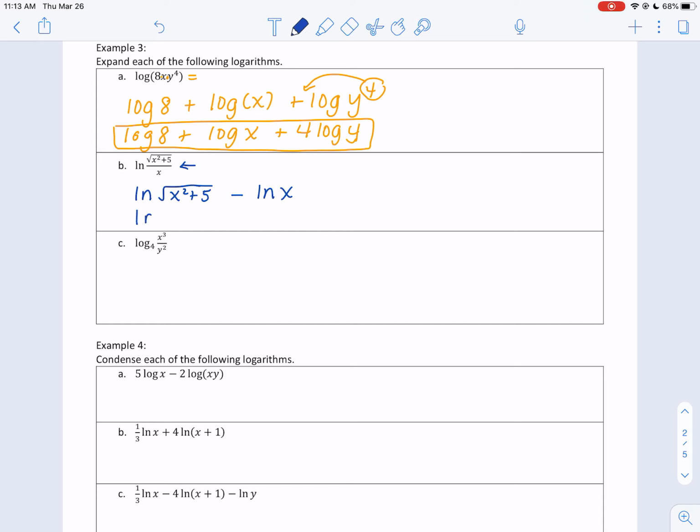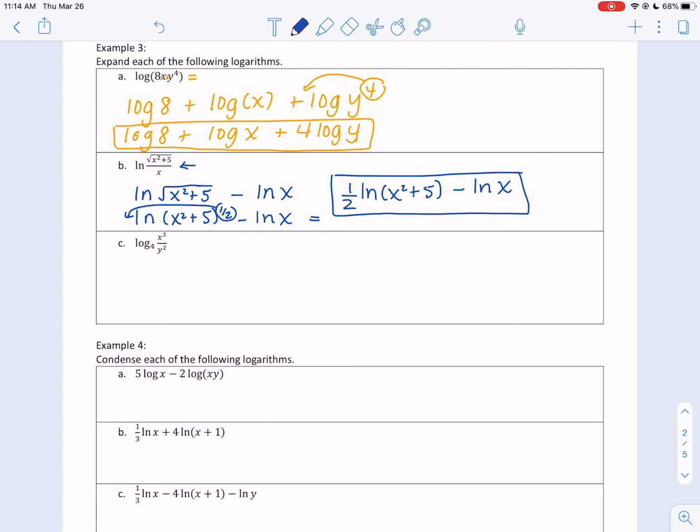Remember, radicals, or square roots specifically, have an exponent of 1/2. We can take that exponent and just move it in front. So this would be equivalent to 1/2 the natural log of x squared plus 5 minus the natural log of x. That would be your final answer on part B.